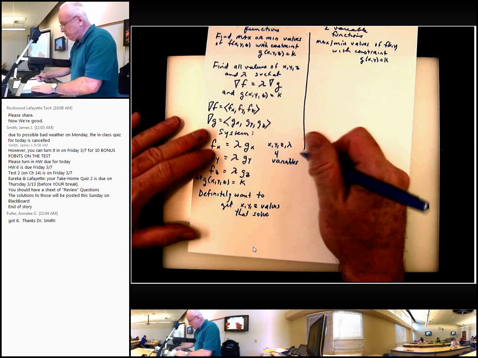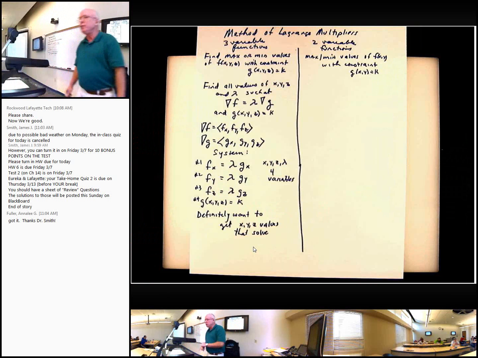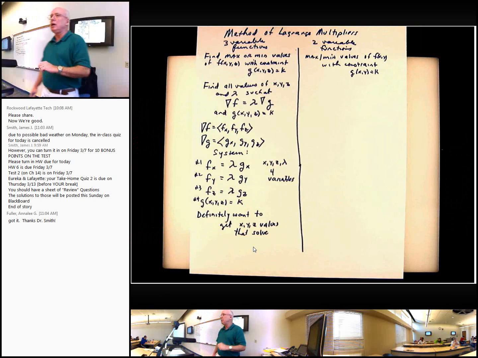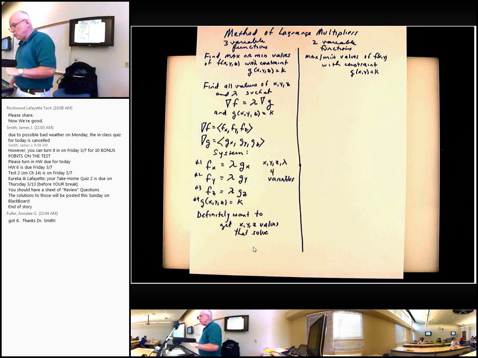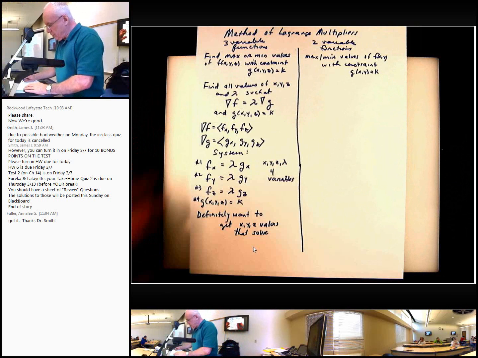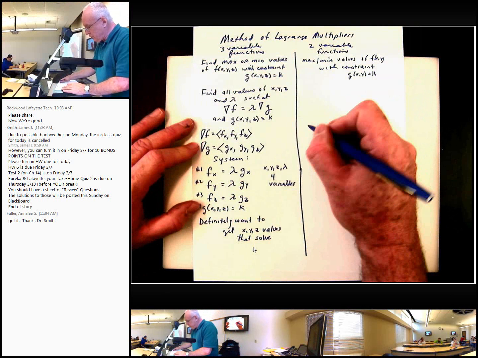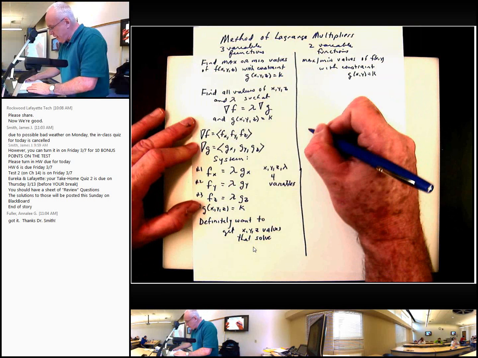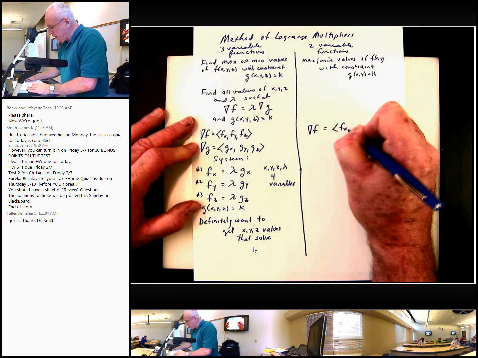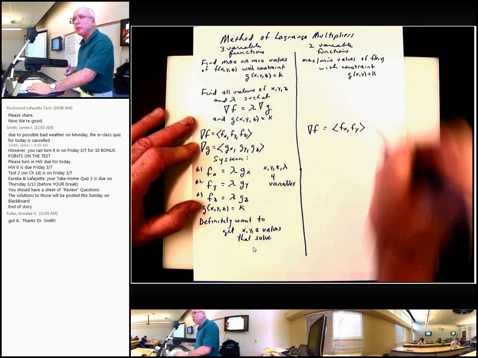Now we have a similar deal with the function of 2 variables, except at least we have fewer equations. The gradient of f is now just fx and fy, 2 components.